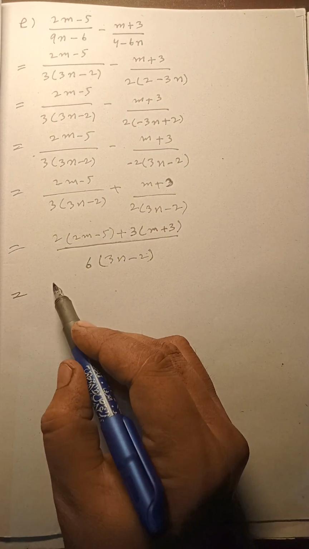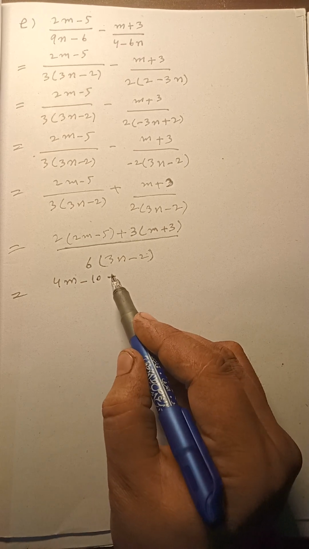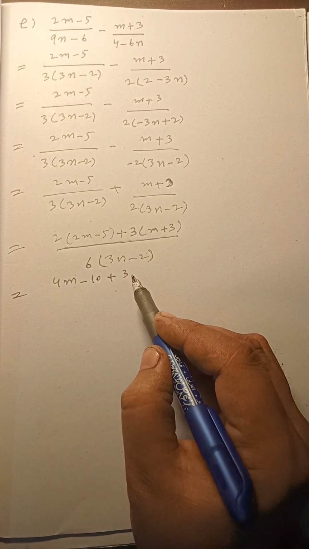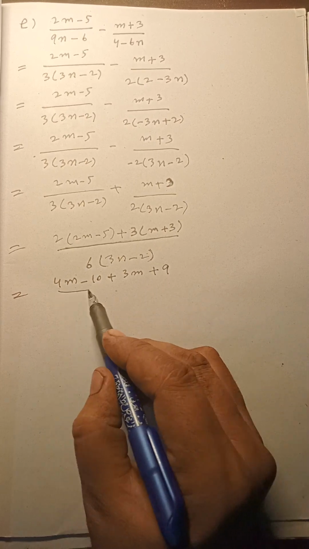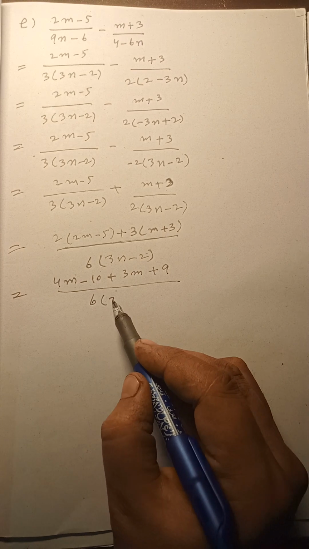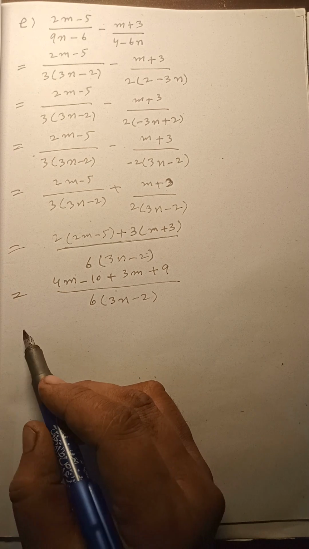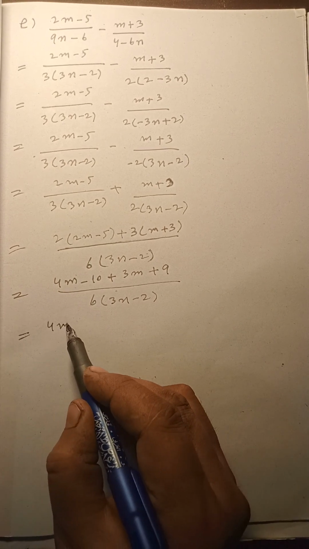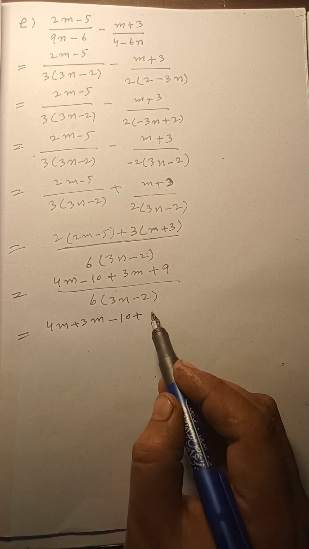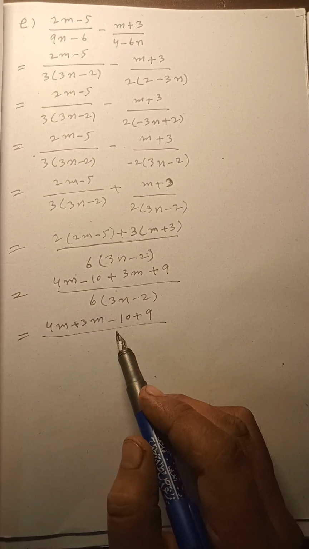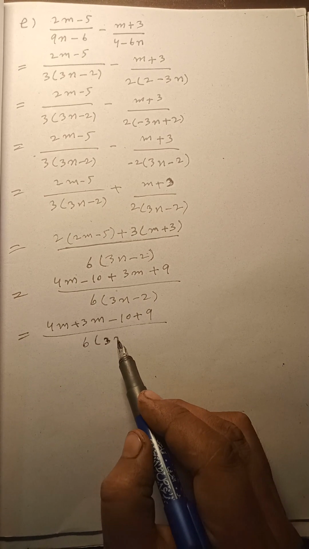Now 2 2s are 4m and 2 5s are 10, plus 3m, 3 multiplied by m is 3m, and 3 multiplied by 3, the answer is 9 here, divided by the LCM 6 into (3n-2). Now bring the same terms together, 4m plus 3m minus 10 plus 9, over 6 into (3n-2).